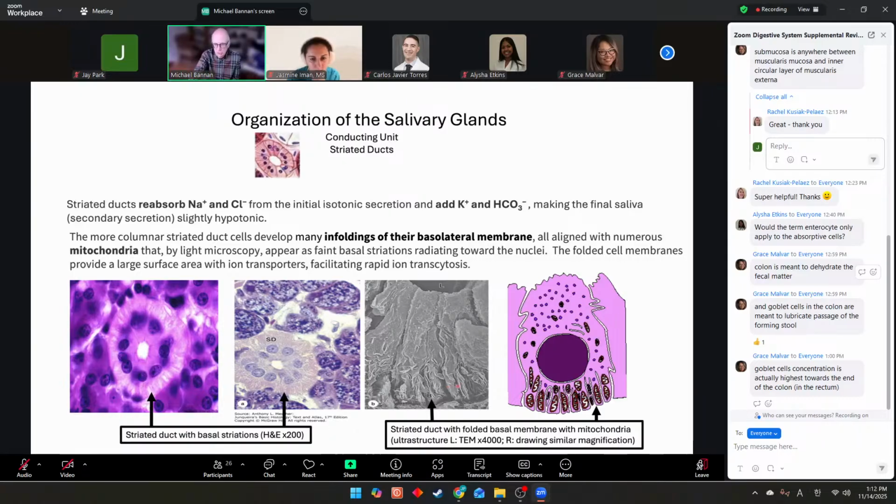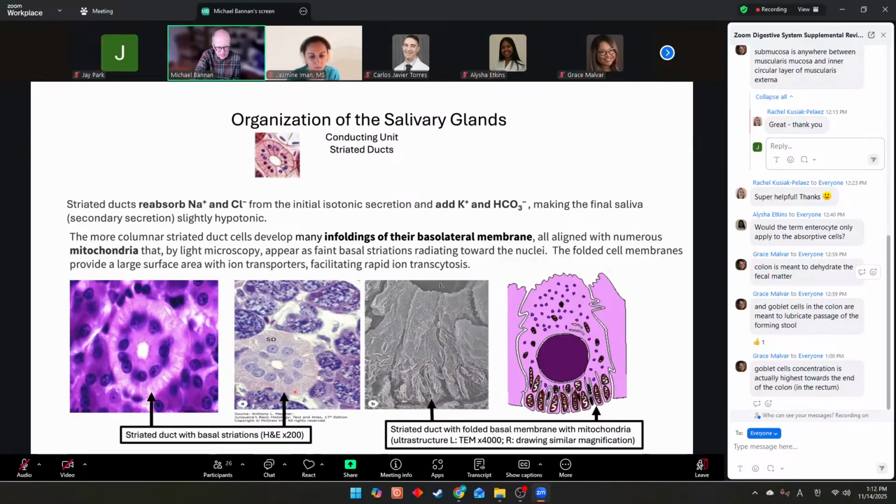Now, the ultrastructural modifications are reflected in the H&E light microscopic appearance of the duct. So these two images here are showing you what the H&E appearance of the duct is. And both of them are characterized by round nuclei that are in the center of the cell, halfway between the apical edge and the basal edge of the cell. And they're also characterized by basal cytoplasm that has a striated appearance.